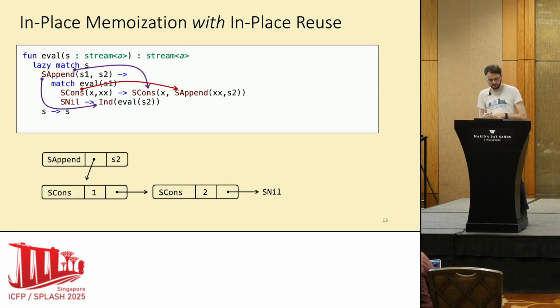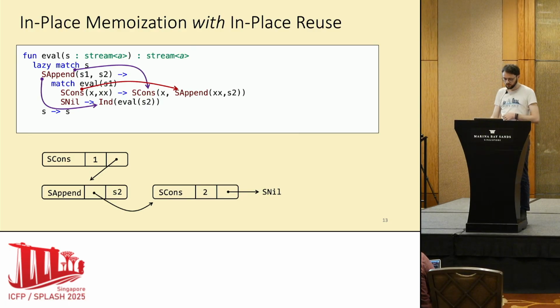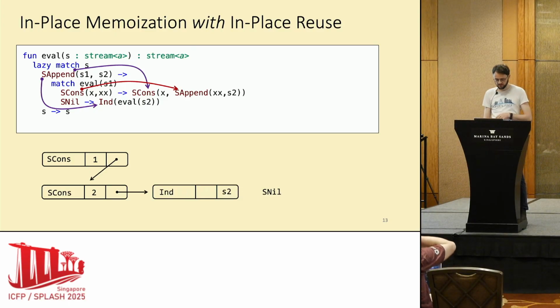So we have the S-append that we want to evaluate, and we'll rewrite it into an S-cons node. If the S-cons node from the first stream has a unique reference count, we turn that one into the new S-append constructor. Then again, we apply in-place memoization to turn S-append into S-cons, and in-place reuse to turn S-cons into S-append. And finally, in-place memoization to turn S-append into an indirection node.